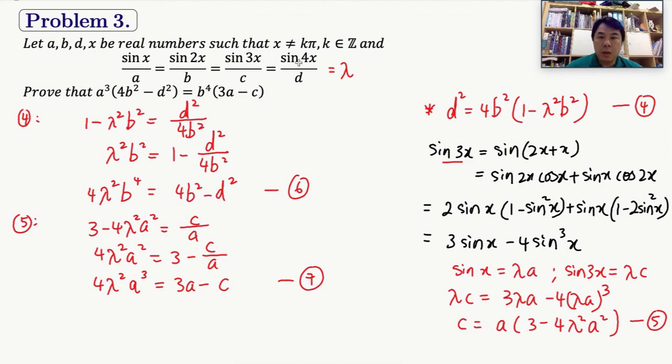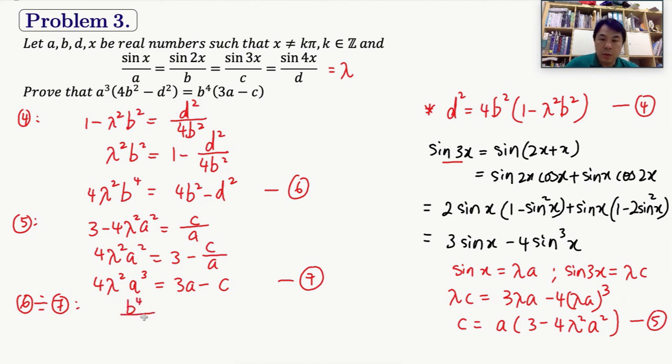By solving these two, the main objective here is to get rid of the lambda because lambda was introduced by ourselves. We have to get rid of it so that we can prove this expression. It's up to you how you want to deal with this. For instance, you might want to divide. If I take 6 divided by 7, all the lambda is gone.